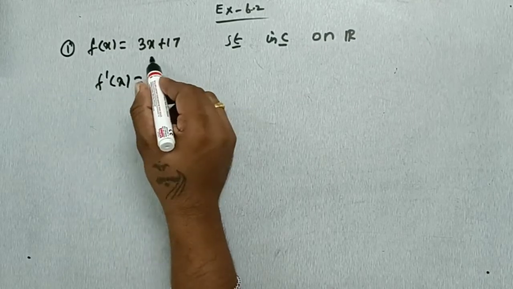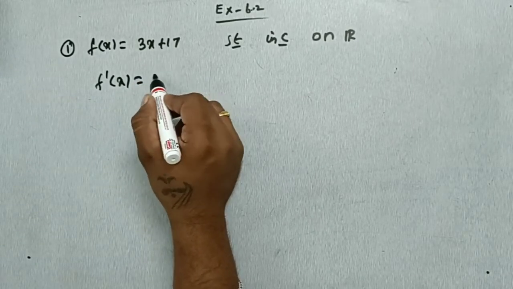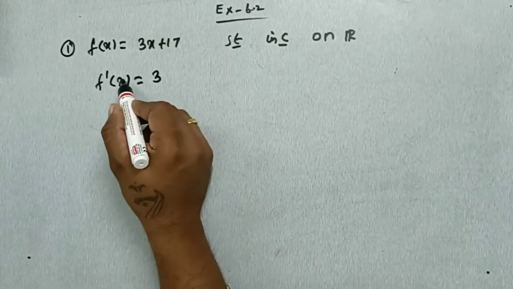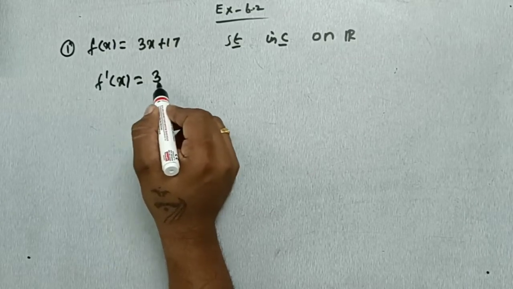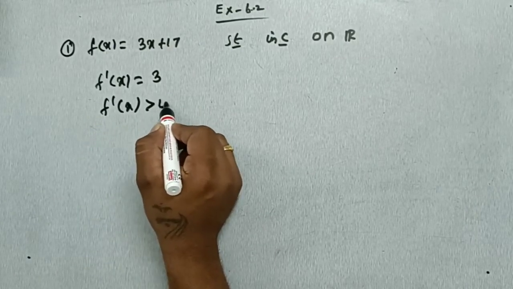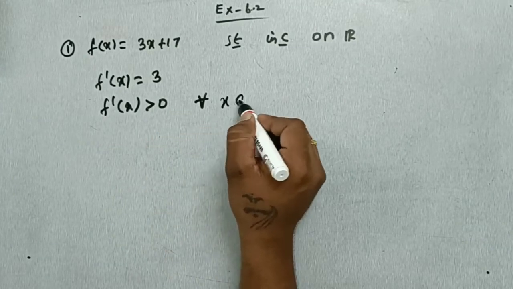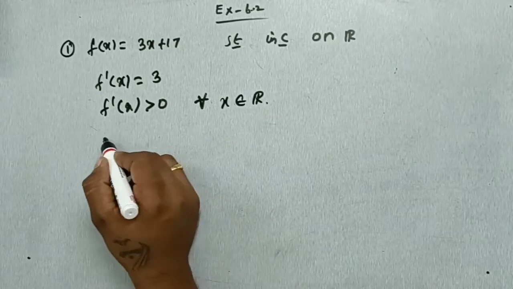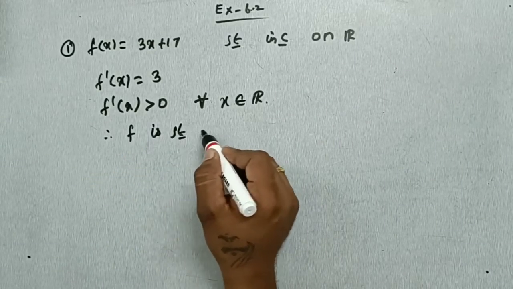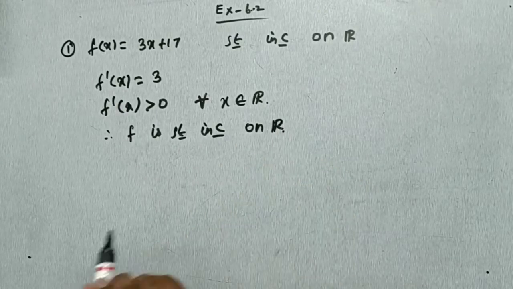F dash of x equals the differentiation of 3x plus 17, which equals 3. So f dash of x is 3, which is greater than 0 for all x belongs to the real numbers r. Therefore I can say f is strictly increasing on the real numbers r.